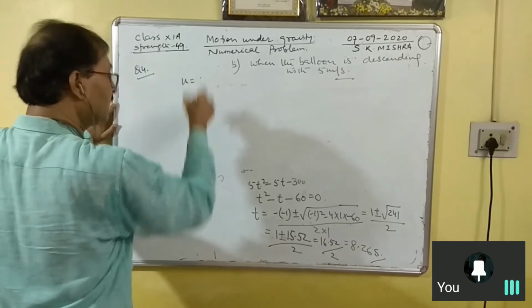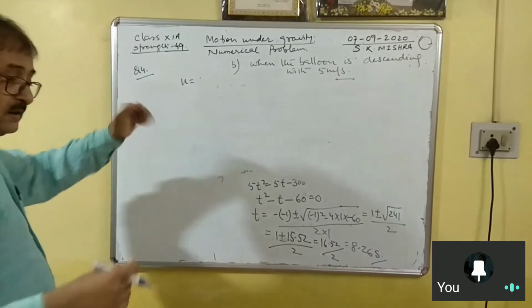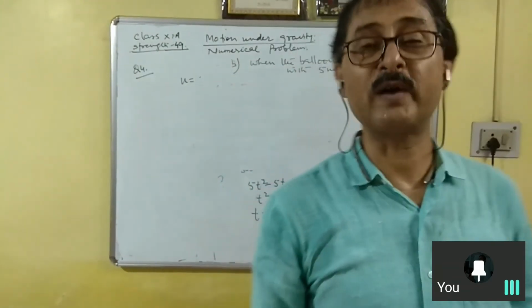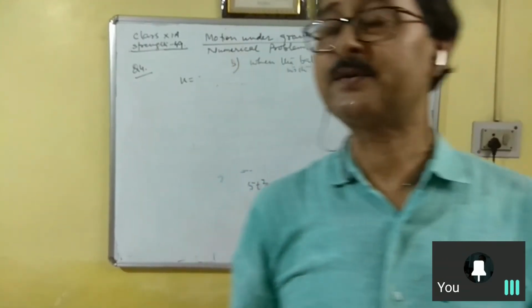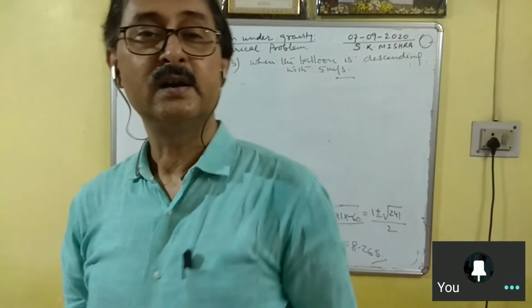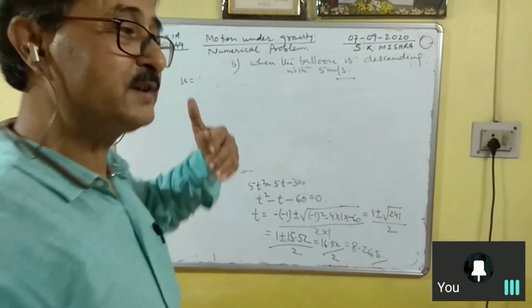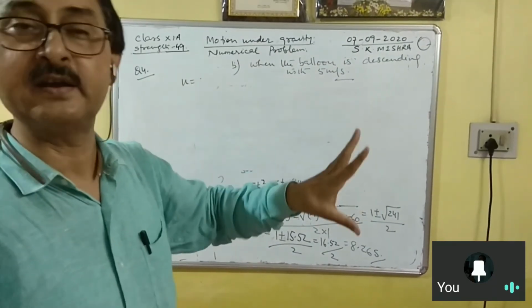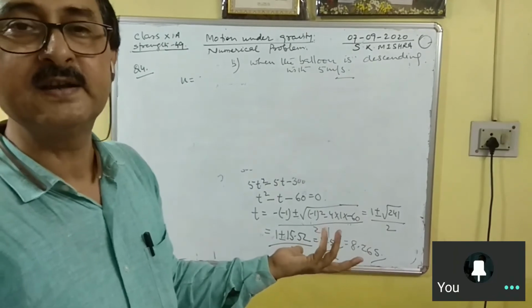Because U is in downward direction, H is also in downward direction, and G is also in downward direction. So we can give positive sign to each quantity or we can give negative sign to each quantity. That hardly makes any difference. You will have the same answer.